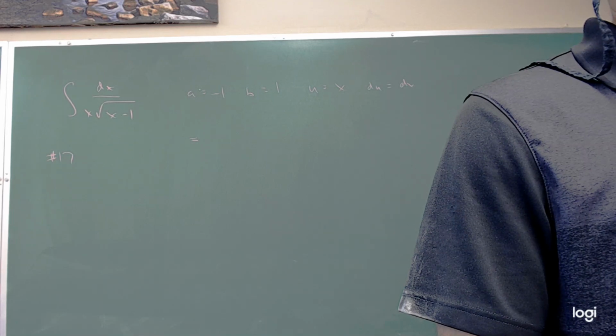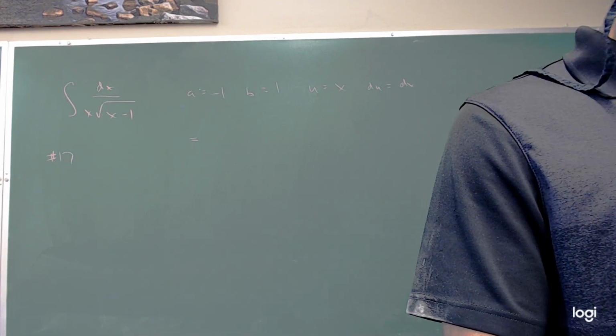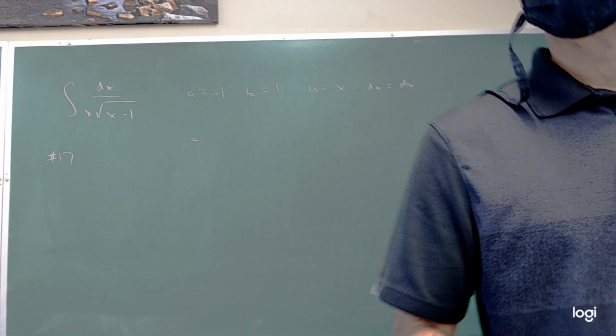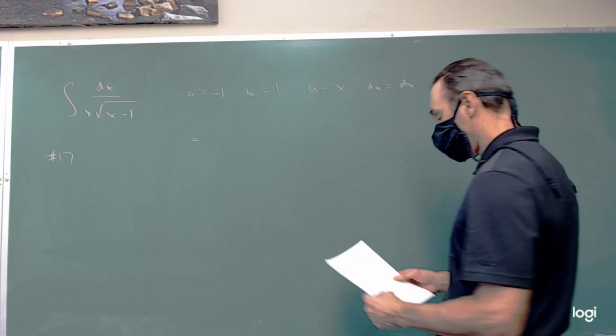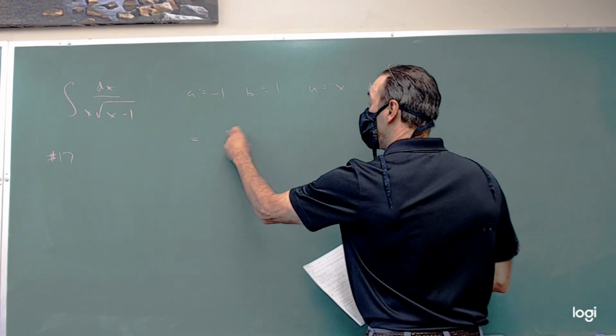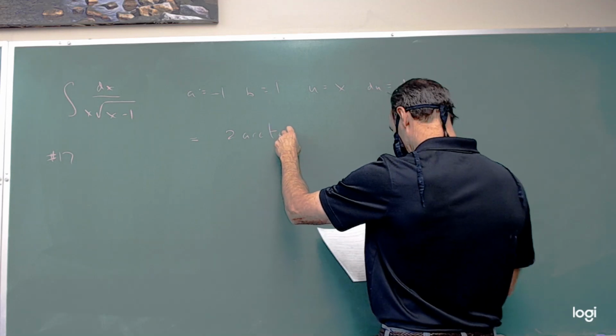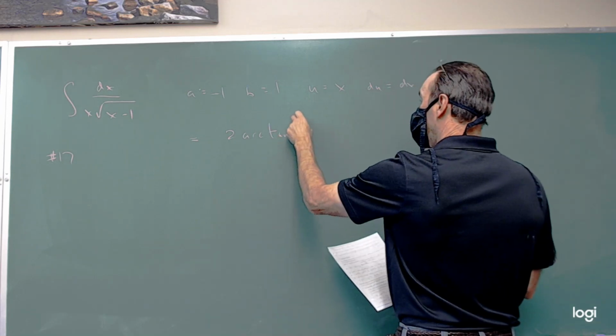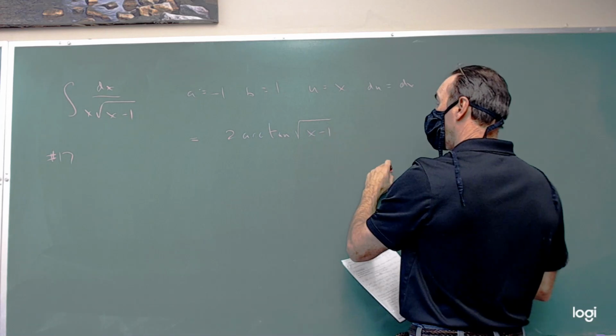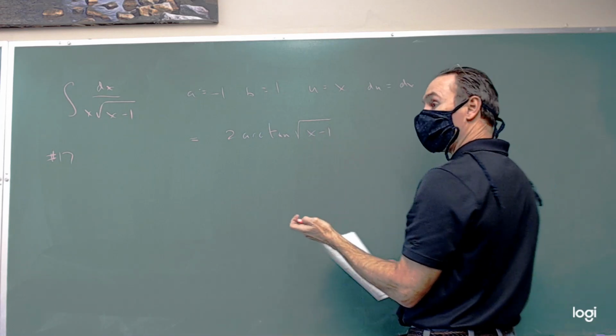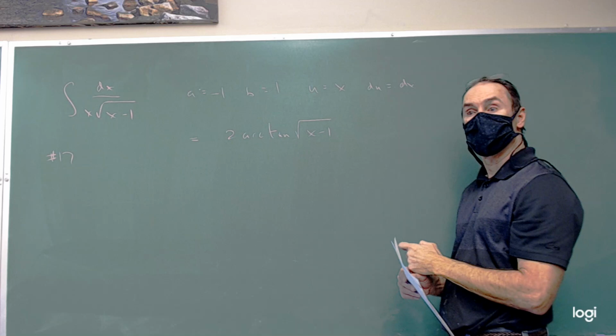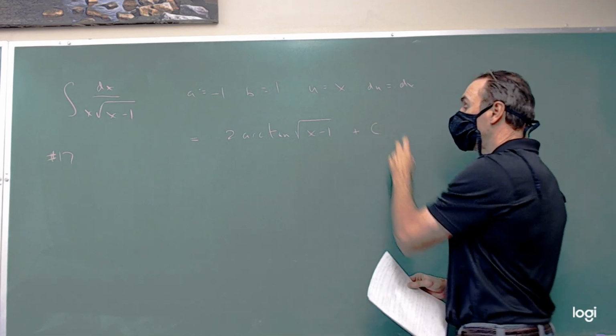I need nods of heads. Yes. And so on the bottom branch, what will that look like? 2 arctangent of x minus 1. Is that okay? And then plus C.